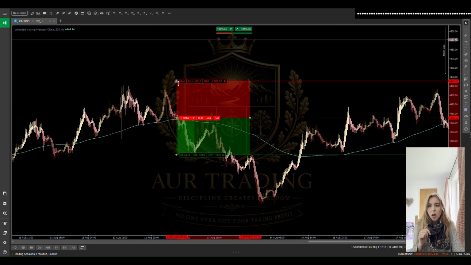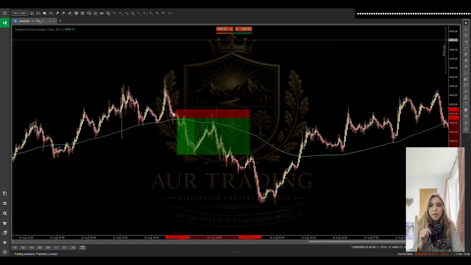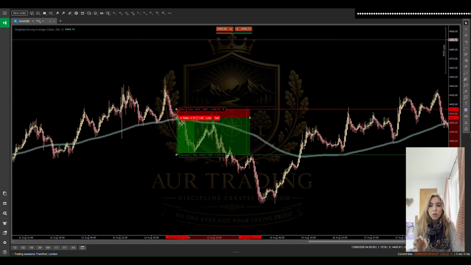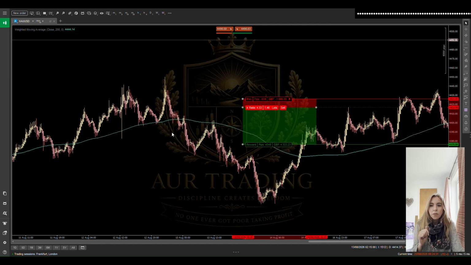My stop loss would be above this area here because it came down, it tried to retest. So my stop loss would be there. It went through. What it generally does is goes through and retest. So you can wait for the retest. You can think, right, it's gone through. I'm going to wait for it to retest up.